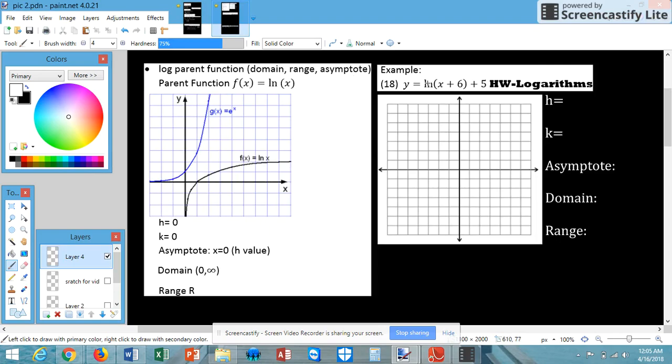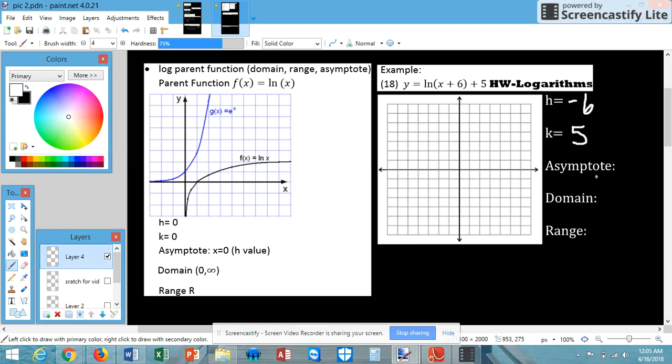Okay, let's move on to number 18. We're going to be graphing. So if you look at the parent function of ln of x, here's our graph. h equals 0, k equals 0. We have an asymptote at x equals 0, which is just our h value each time. And the domain is 0 to infinity, which, by the way, this 0 is also corresponding to the h value again. And then the range is all real numbers. So if we go over here and look at this, our h is going to be -6, k is 5.